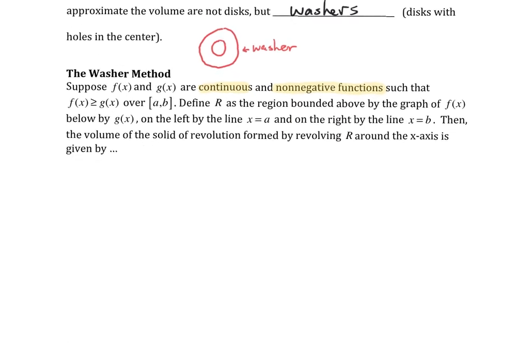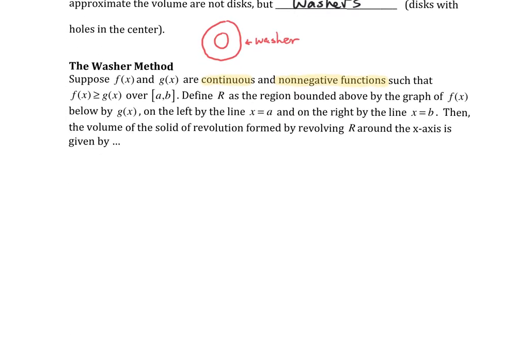So I want to draw a picture to help us really understand this situation. Let's create a y-axis over here like this. This is the y-axis. Let's put an x-axis over here. Okay. And let's have one function, f of x, look like this.